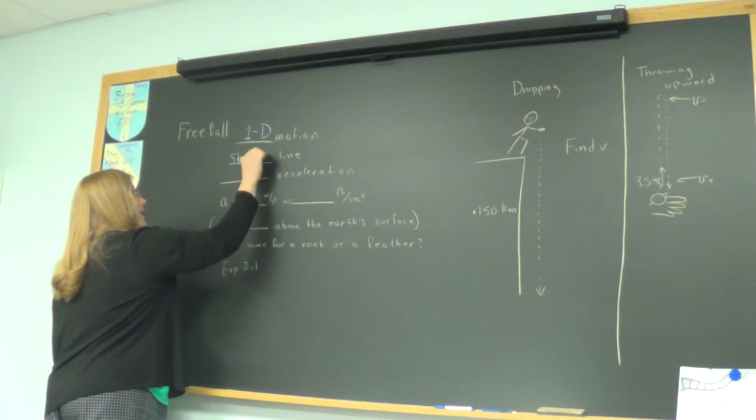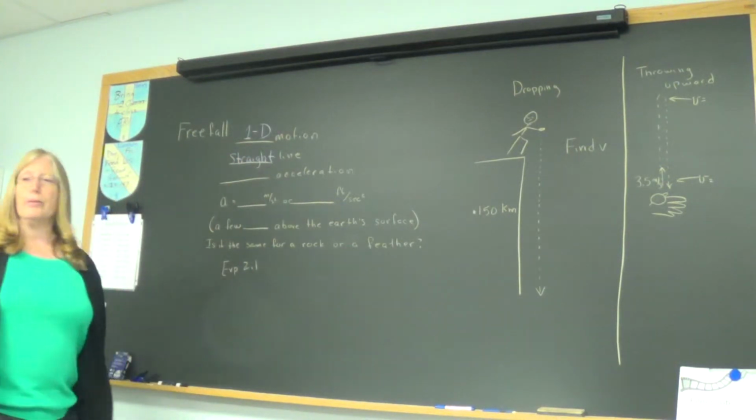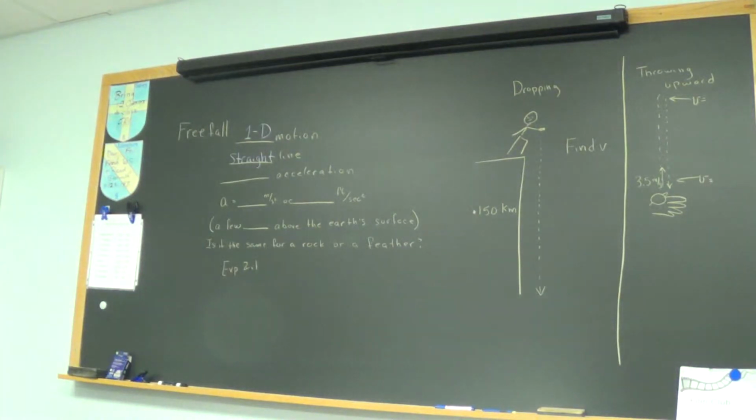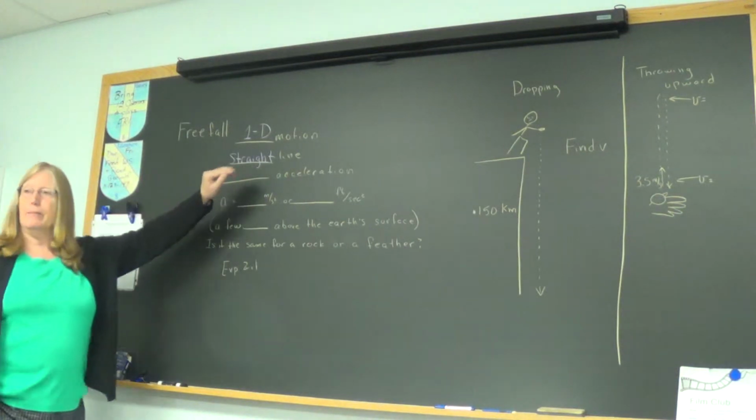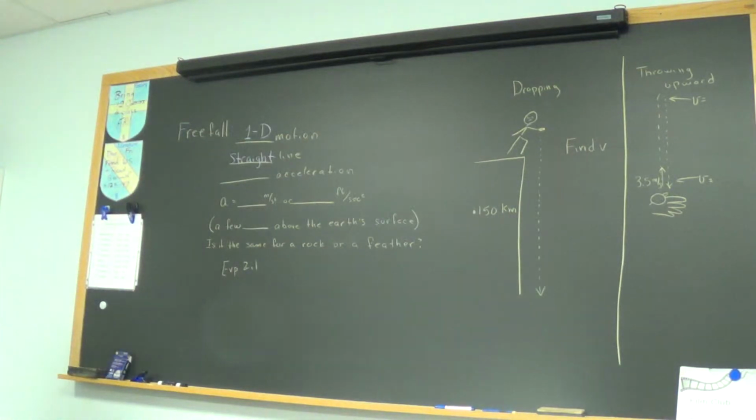Do you remember what kind of acceleration was required? I added that sort of as an afterthought, but it's really important. Gravity is an example of this kind of acceleration, but what kind of acceleration did I say was required for those three equations?